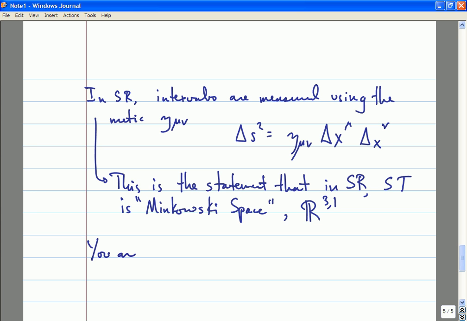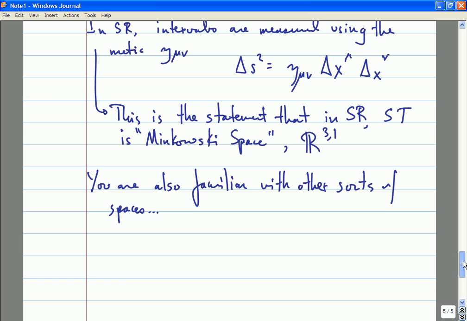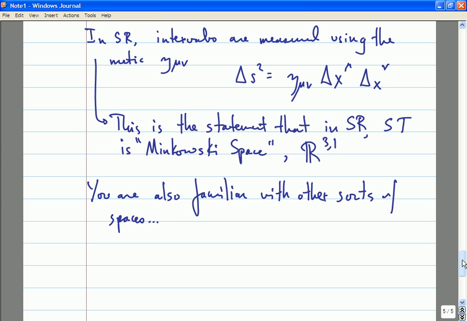So, you are also familiar with other sorts of spaces. For example, at some point when you were in middle school or high school, you met the space R2, which is Euclidean two-dimensional space.